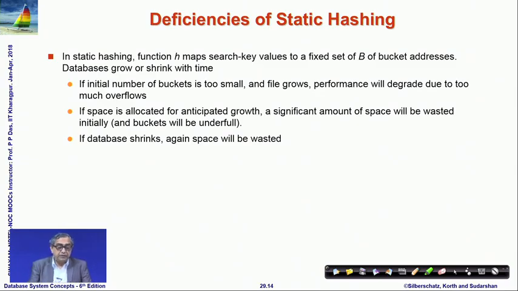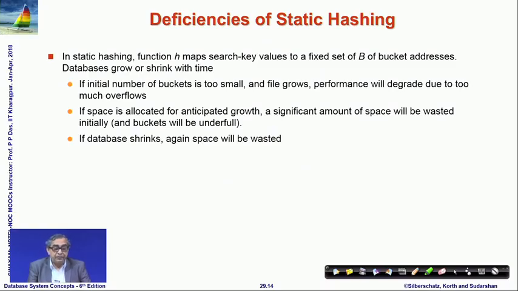Now, this kind of scheme, where you start with a fixed number of buckets and then design a hashing function which maps the search key values to this fixed set of buckets, is known as static hashing. It is static because you start with a fixed number of buckets. Naturally, the question is what should be the value of B, the number of buckets. If it is initially too small, then as the file keeps growing the performance will degrade, because you will have too many overflow chains, and all advantages of hashing will be lost.